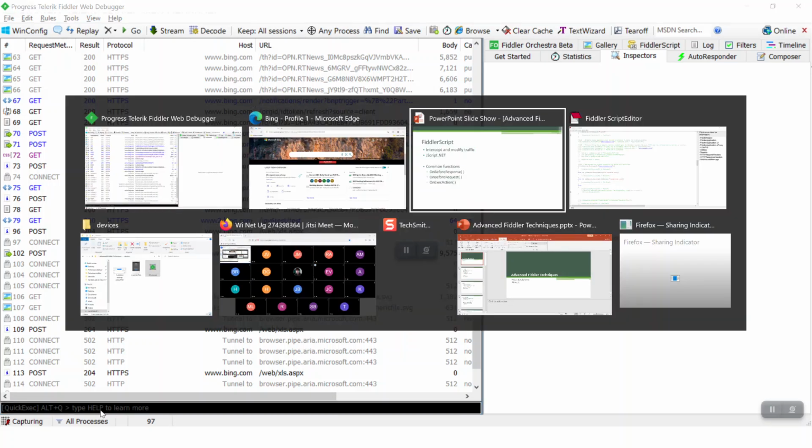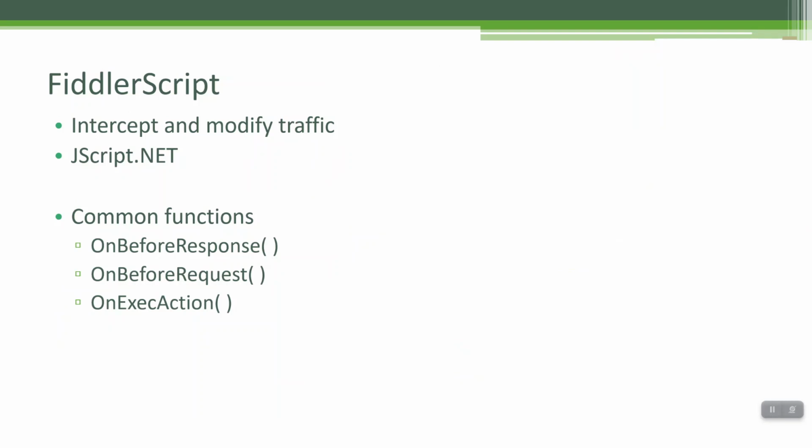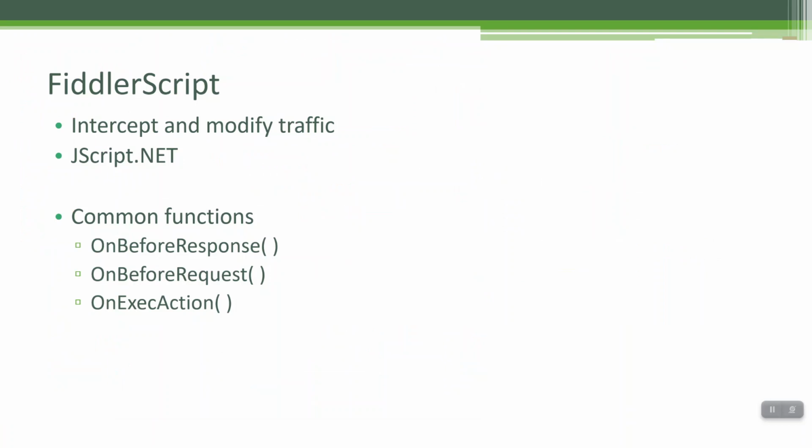So I extended Fiddler myself by overriding inside of this onExec action function. I can intercept and do what I want to change how things look. I wrote that myself because I often wanted to take hosts out from this list, and I wanted it to be a convenient way to do that.